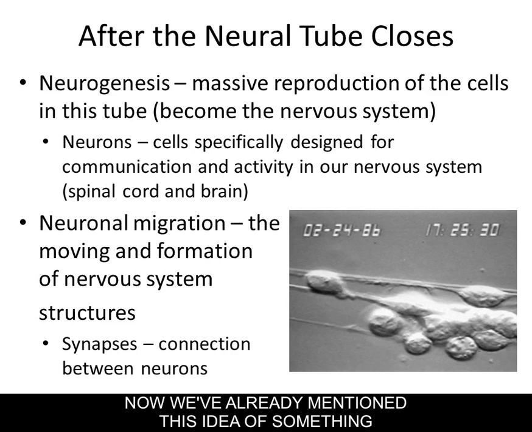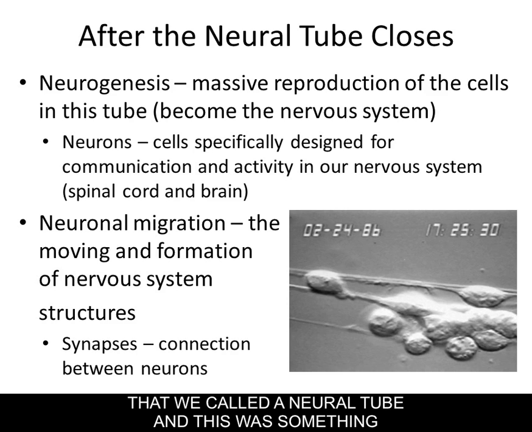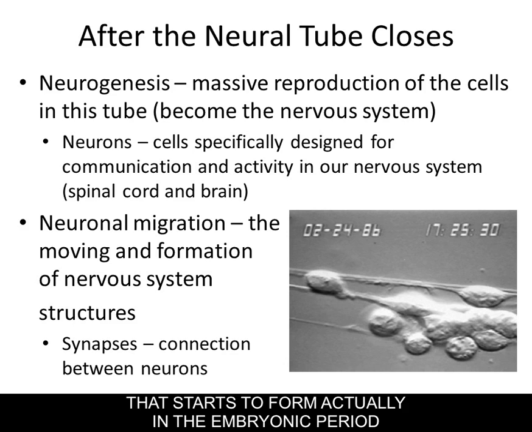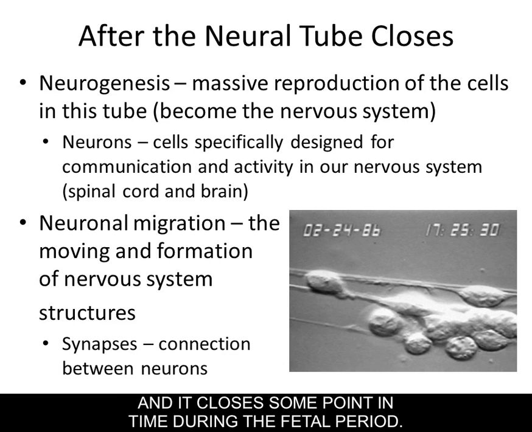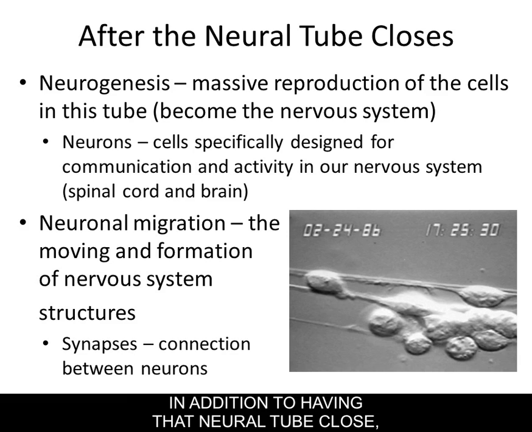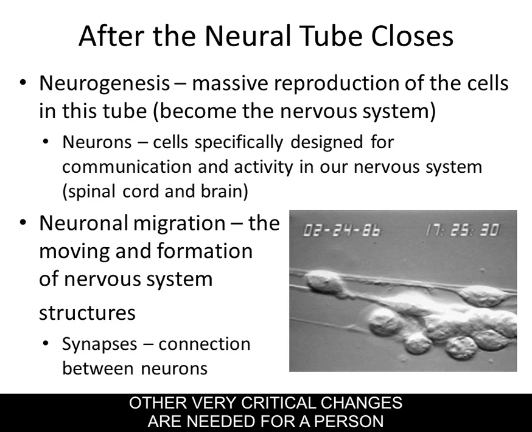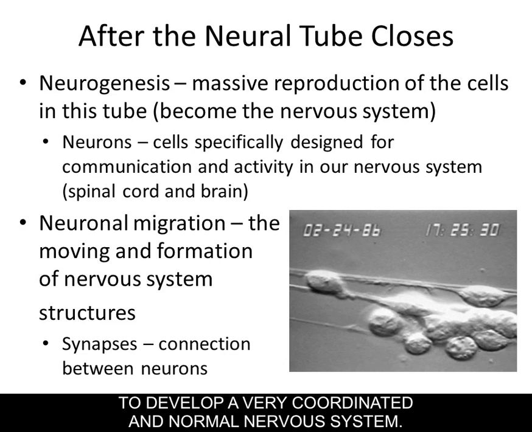Now, we've already mentioned this idea of something we called a neural tube, and this starts to form in the embryonic period, and it closes at some point during the fetal period. In addition to having that neural tube close, other very critical changes are needed for a person to develop a very coordinated and normal nervous system.